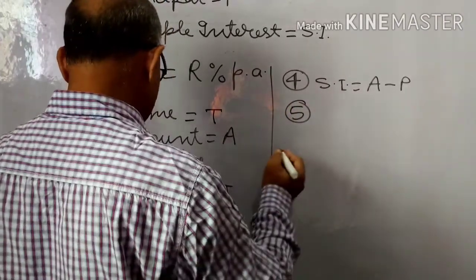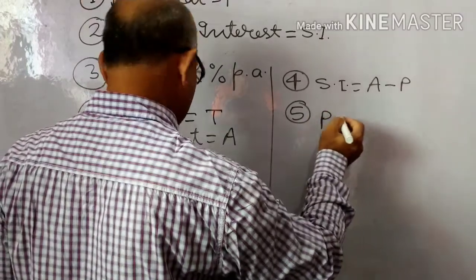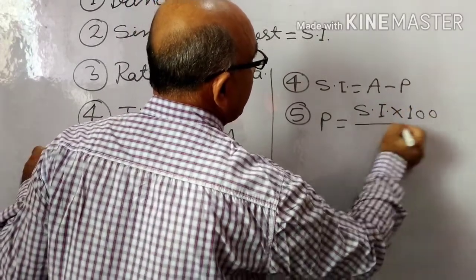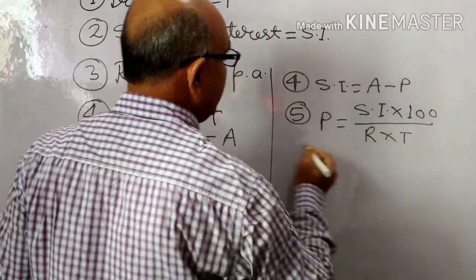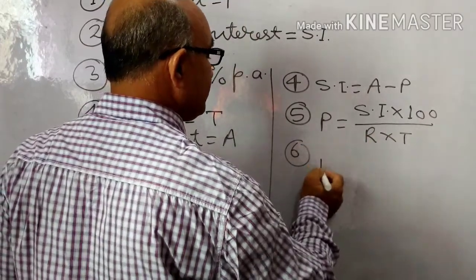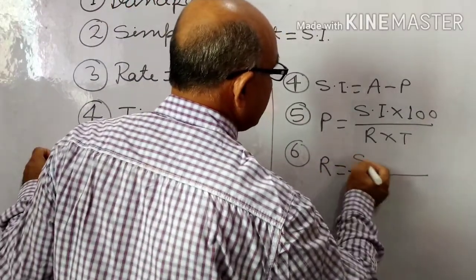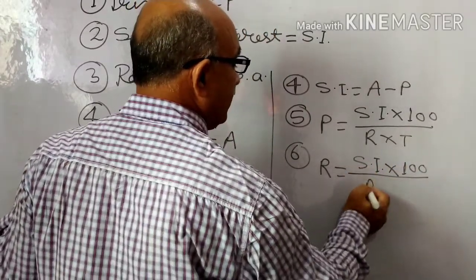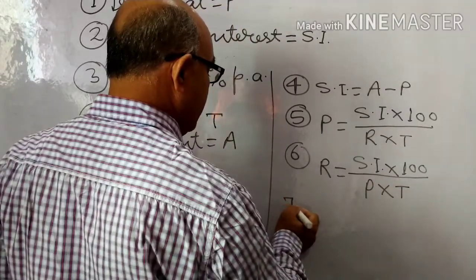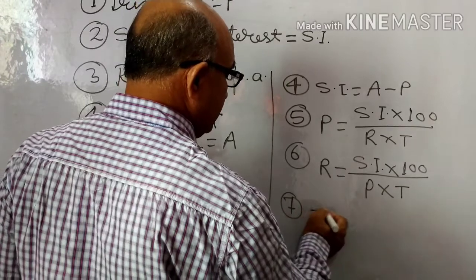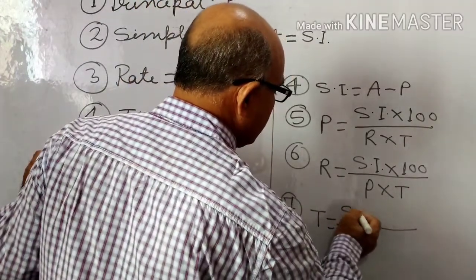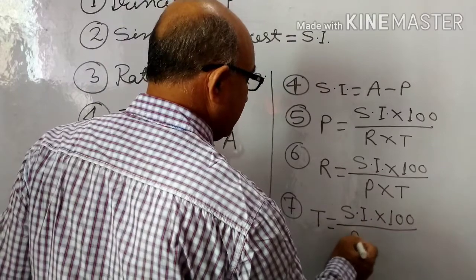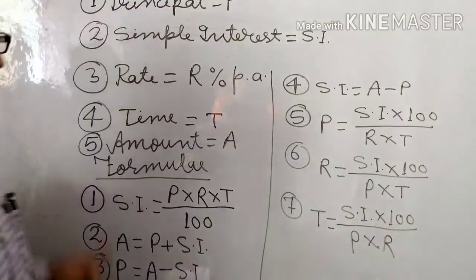Formula number 5: P equal to SI into 100 by R into T. Formula number 6: R equal to SI into 100 by P into T. Formula number 7: T equal to SI into 100 by P into R. Understand?